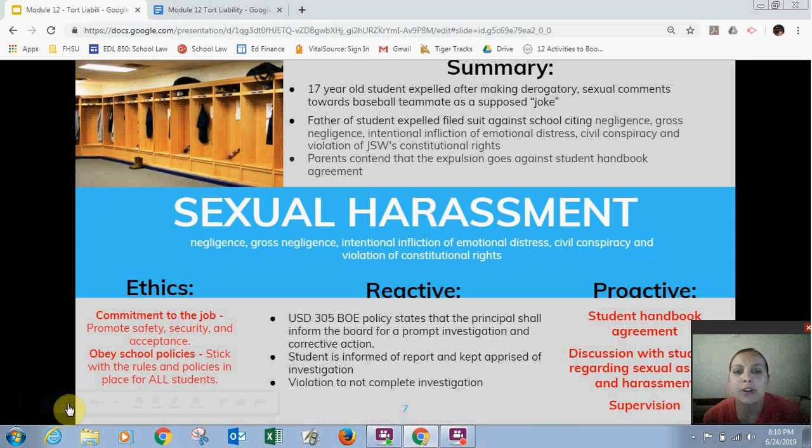The sexual harassment code of conduct actually said that there were other steps that should have been handled before the expulsion, including witness statements, the student's right to make a statement regarding what he said happened, and the district interviewing other people that were involved. So that was the parents' contention, that the expulsion went against that agreement.